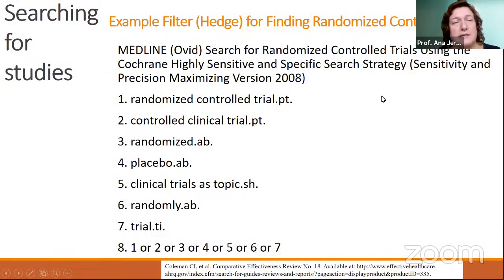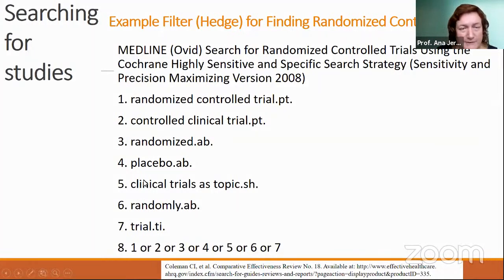So these searches could be really complex sometimes, depending on research questions. Here we see the filter that was developed by Cochrane that identifies the randomized controlled trials in Medline data.